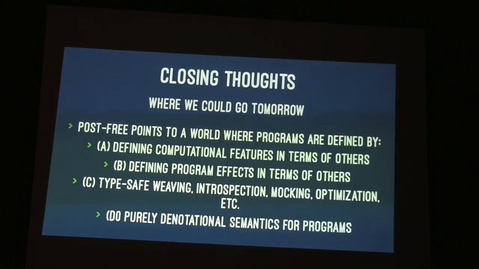And all this gives you the ability to do type-safe, aspect-oriented programming, weaving features into your application, introspection of that program, and optimization of it, even type-safe mocking, as we saw earlier. And it also gives us a way to give our programs purely denotational semantics in theory.